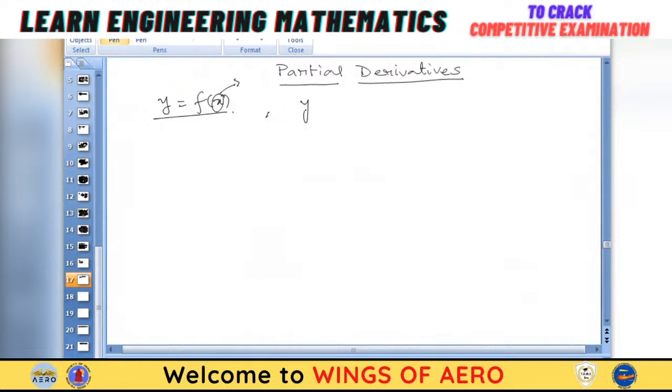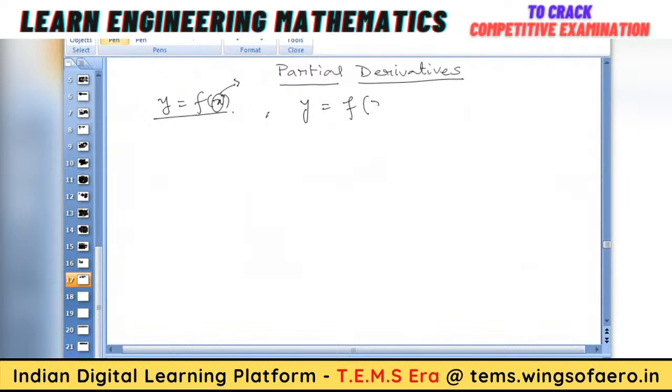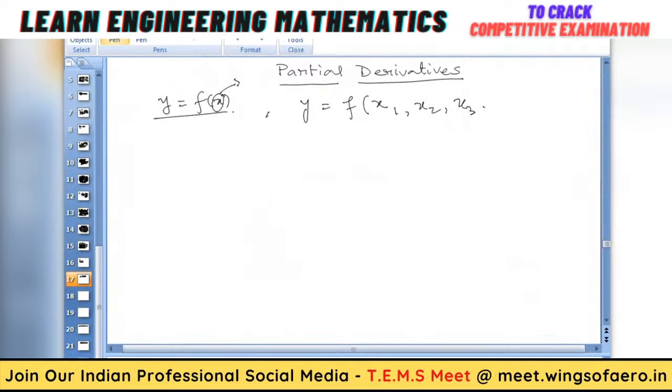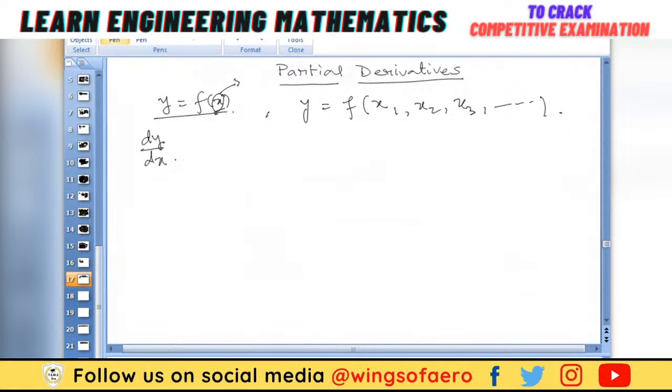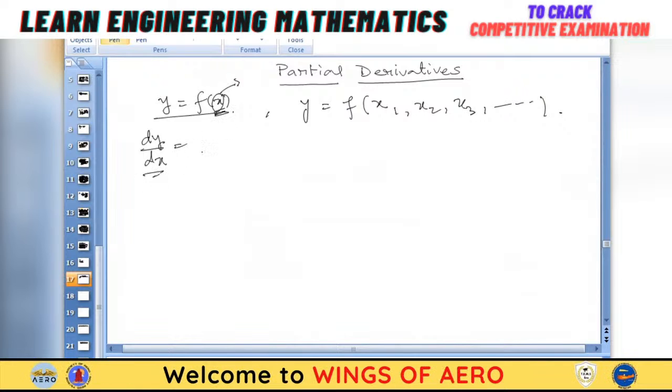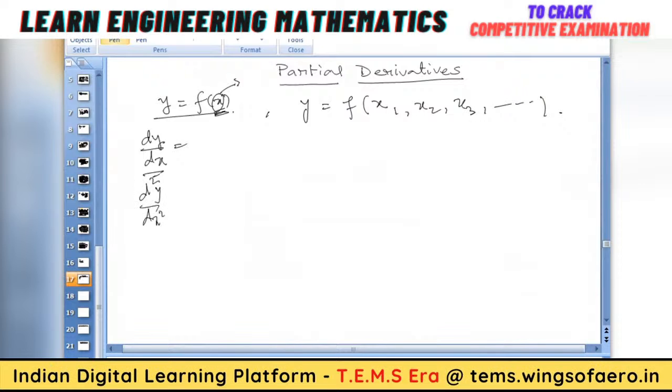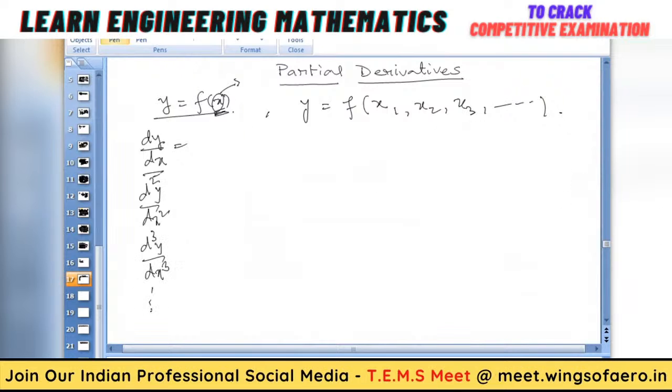In that case we take dy dx, a single derivative, the derivative of a function of a single variable, and then the second derivative d2y dx2, the third derivative d3y dx3, and so on.